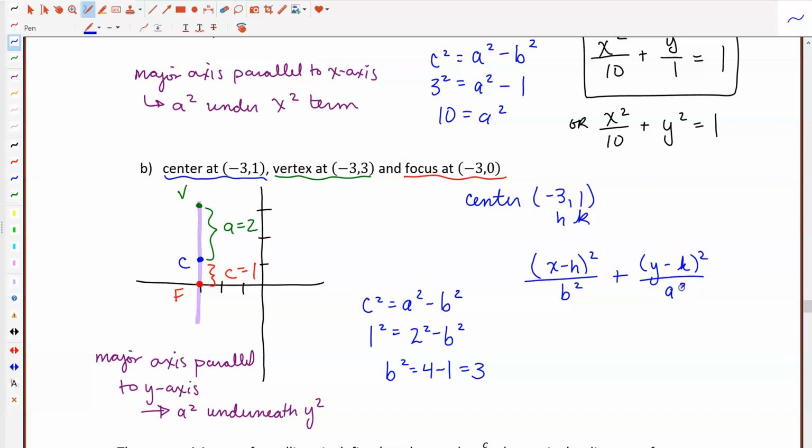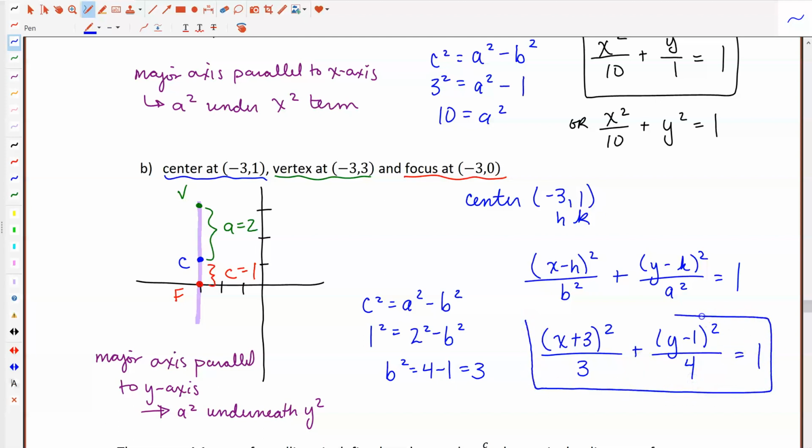So that's going to be my major axis. Plus between those two is equal to 1. All right, so let's put in everything we know. So x plus 3 squared over b squared, which is 3, plus y minus 1 squared over my a squared, which is going to be 4, is equal to 1. And there is my equation.